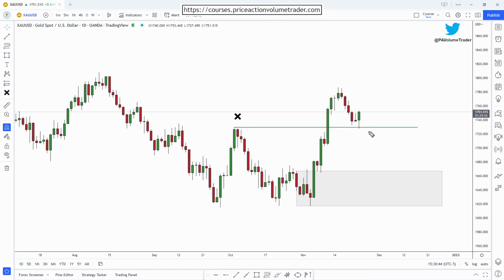So now what we're paying attention to here is this level, and then below that we would be looking at these previous swing highs, and then our demand block.